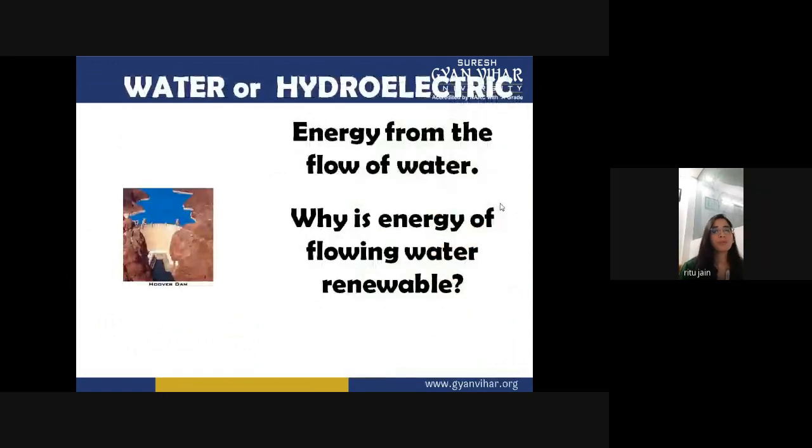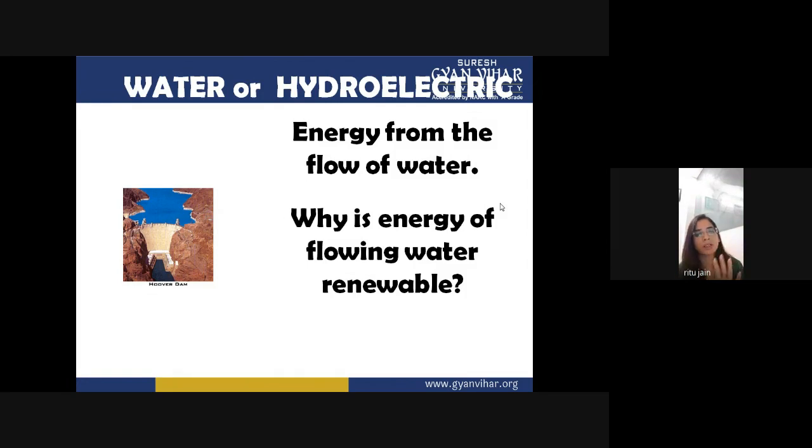Now let's come to the next point, which is water or hydroelectric. So what is hydroelectric energy? Actually, I have already discussed in the hydropower plant that the energy of water we are using to generate electricity. In this procedure, there is no wastage of water.